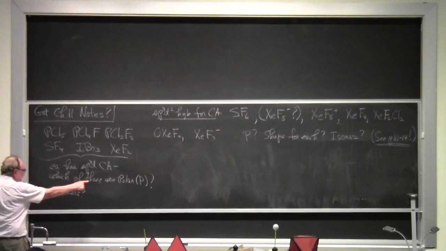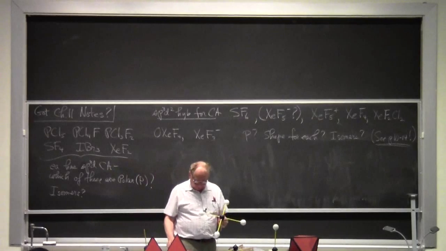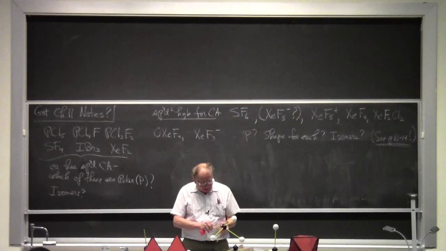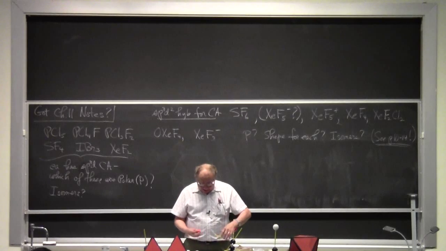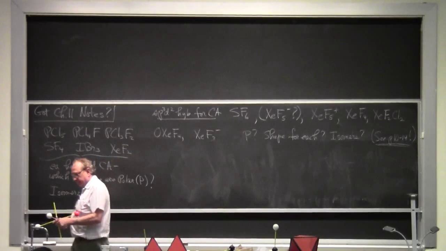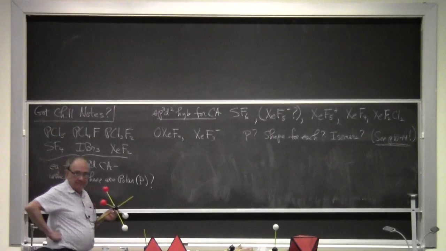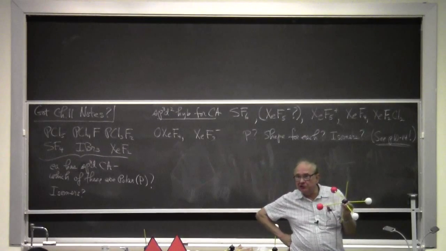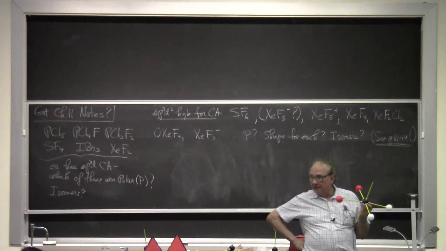Now how about XeF2Cl2 and this business of polarity or isomerism? Do you remember again what isomers are? Isomers are materials which have exactly the same chemical composition but different in-space positions of the atoms that are on the periphery of the species.